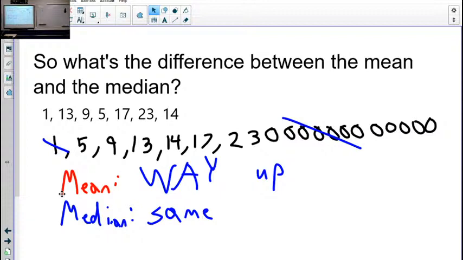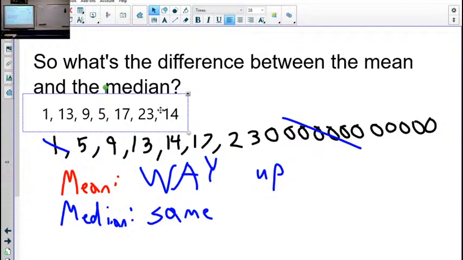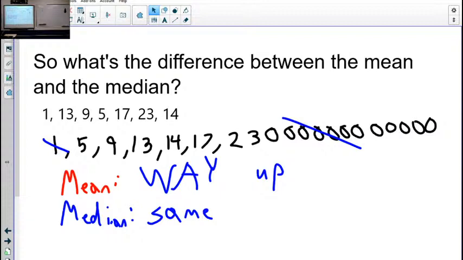Okay, how about your calculators? Let's look at how this works. Put this data, not this one, put this data into list 1. I'll show you more things we can do.